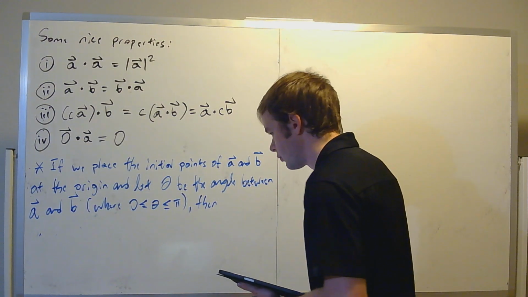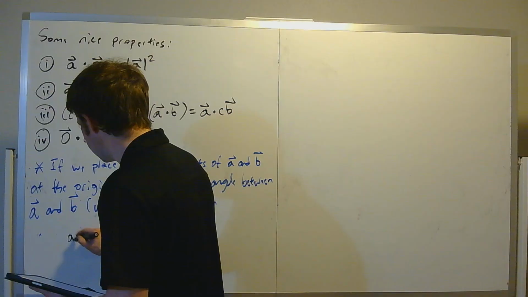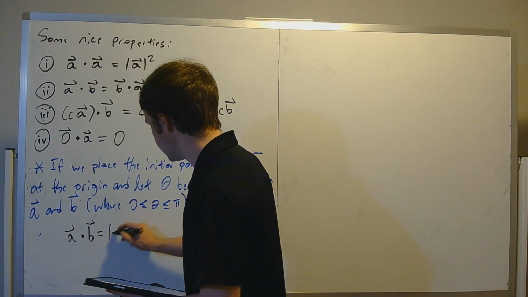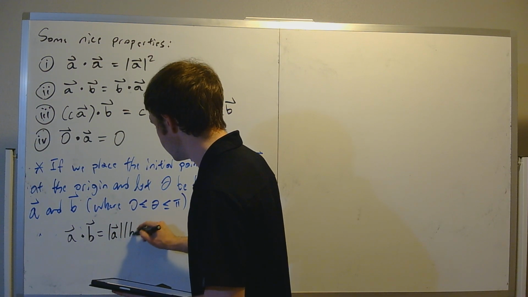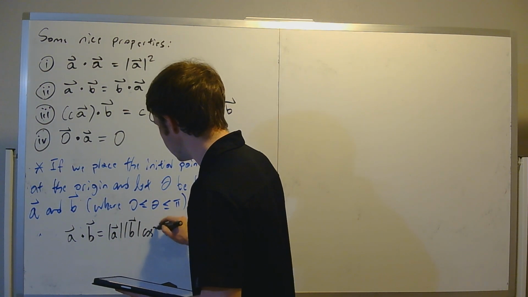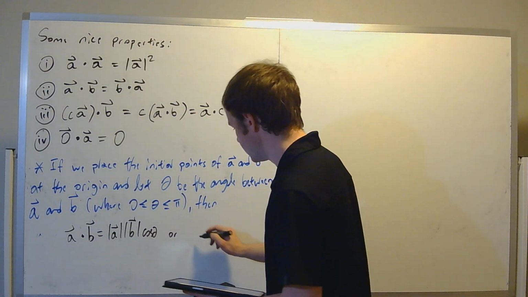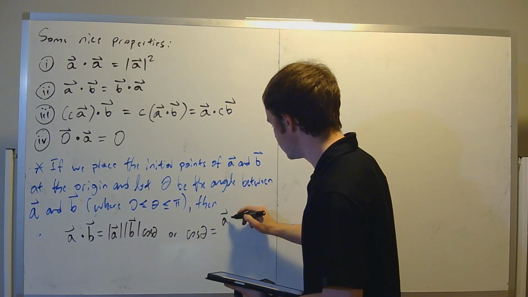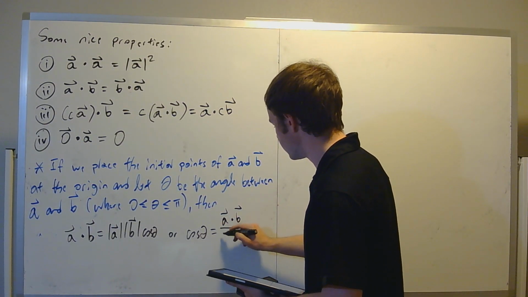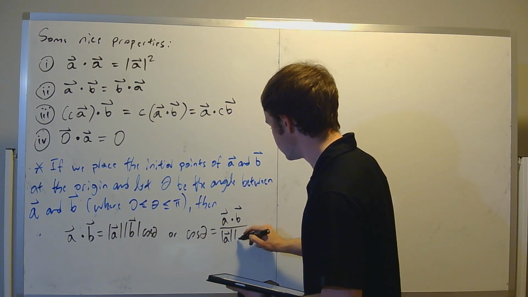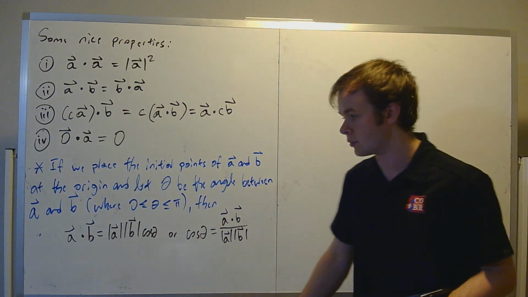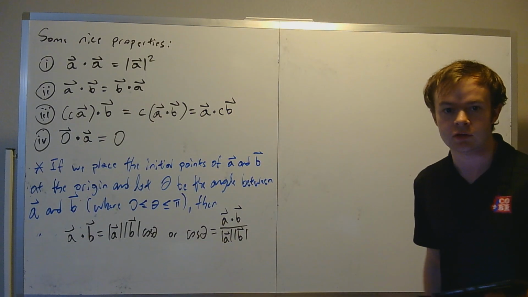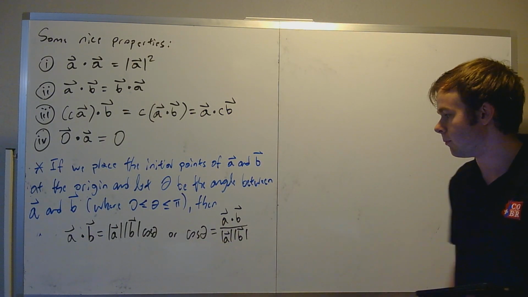A dotted with B equals the size of A times the size of B times cosine theta, or cosine theta equals A dot B over size of A times size of B. So these are both the same formula. I've just rearranged it, dividing by these numbers on both sides.